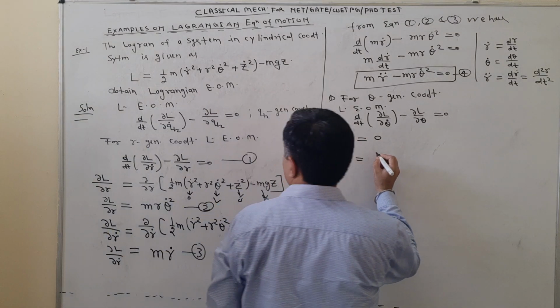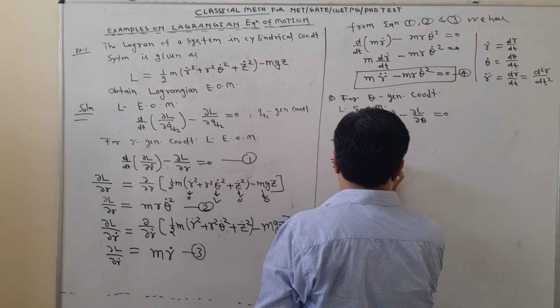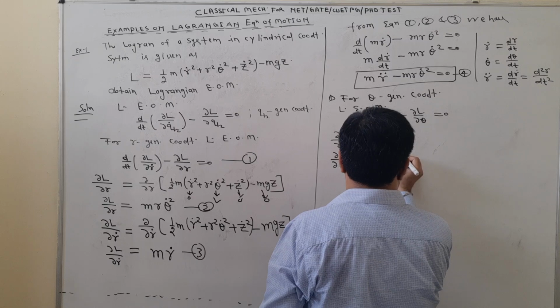So del L upon del theta dot is simply m r square theta dot.